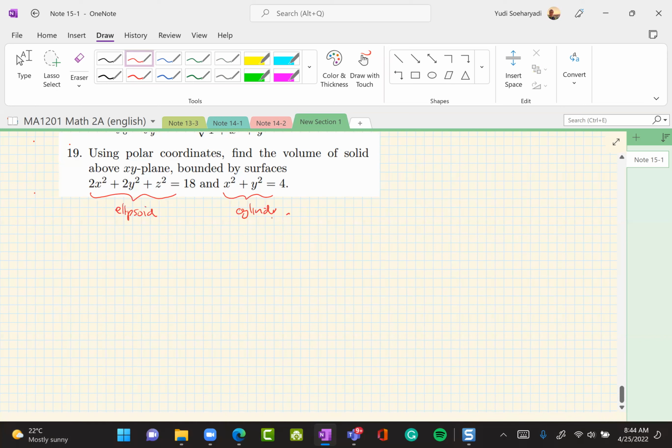Let's see what this cylinder and this ellipsoid look like.